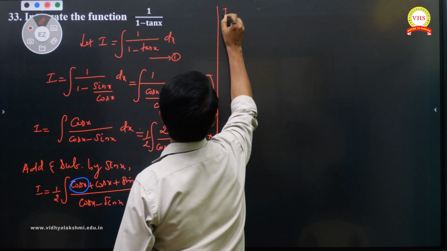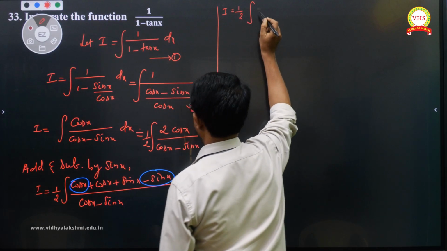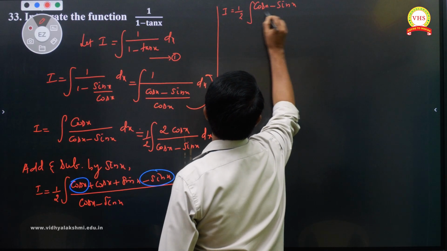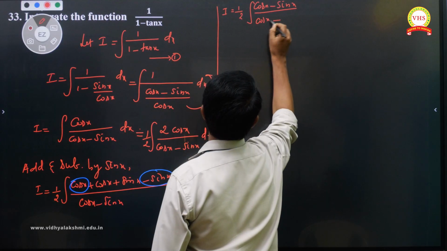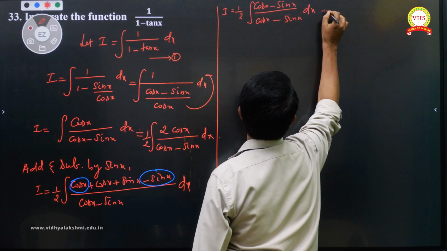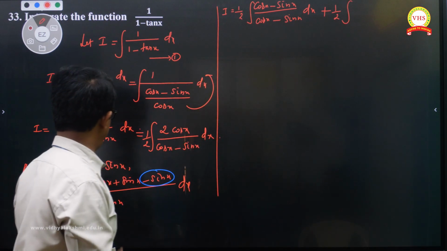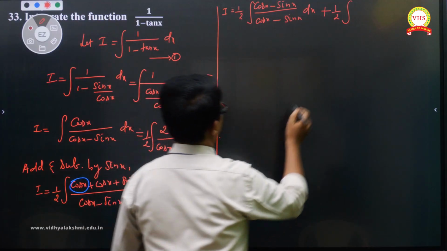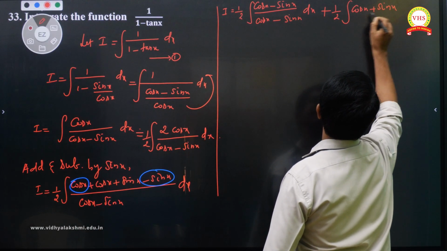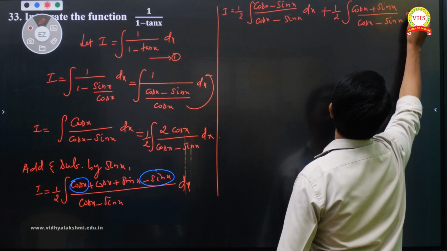I equal to 1 by 2 into integral cos x minus sin x divided by cos x minus sin x dx plus 1 by 2, which is common for both. What is the remaining pair? Cos x plus sin x divided by cos x minus sin x into dx.